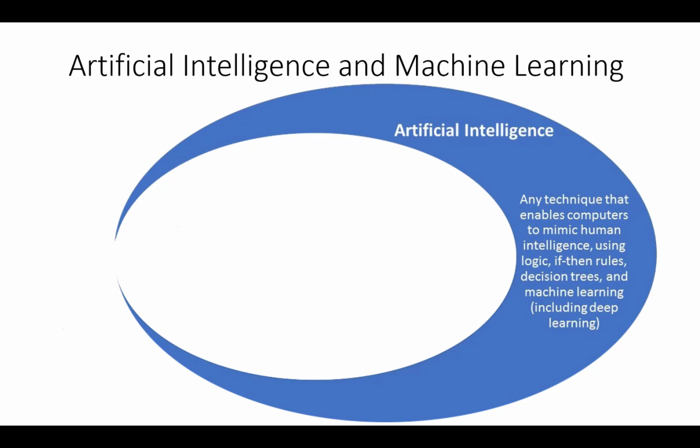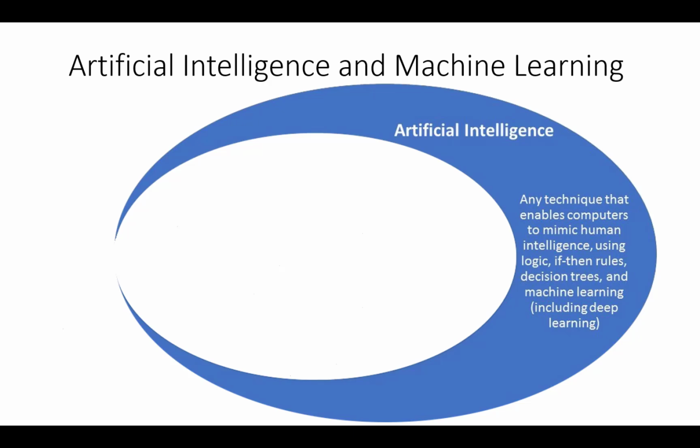I'll start with the overview, as I promised, of artificial intelligence and machine learning. They're everywhere. No matter where you go, no matter what you do, if you're a software engineer, if you are a project manager, if you're not even related in any way, shape, or form to technology, you can't escape artificial intelligence and machine learning.